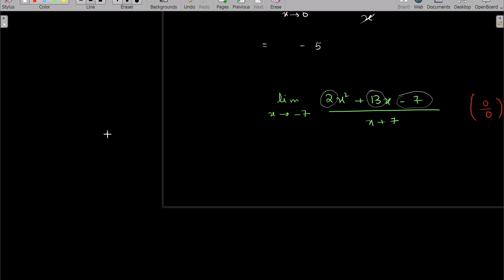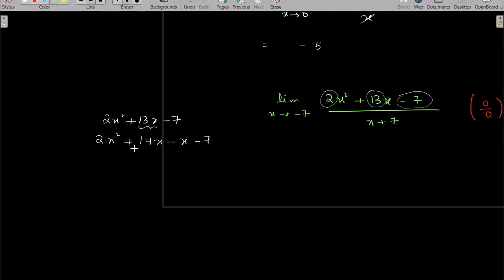So 14 and -1. Yes, that's correct. For 2x squared plus 13x minus 7, I can write 13x as 14x minus x, right?